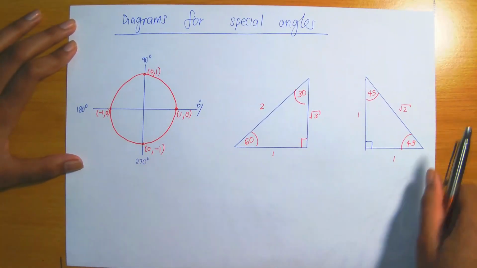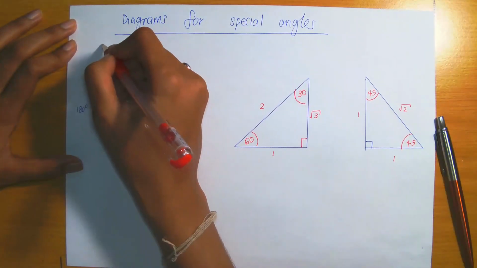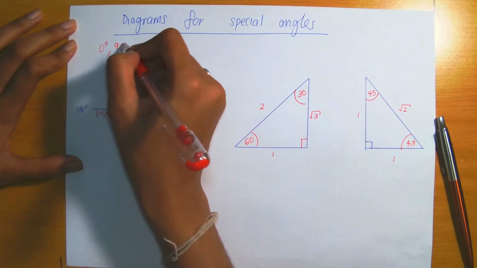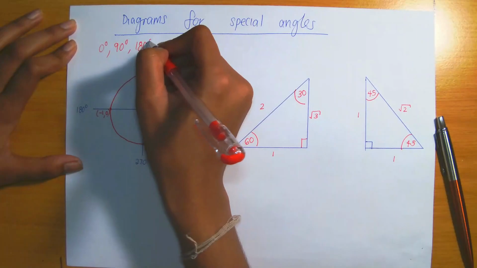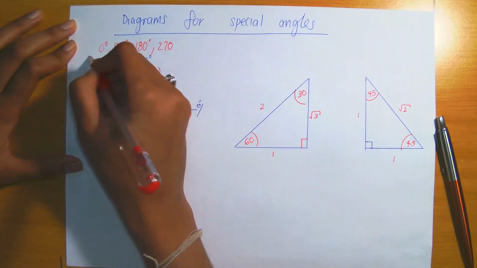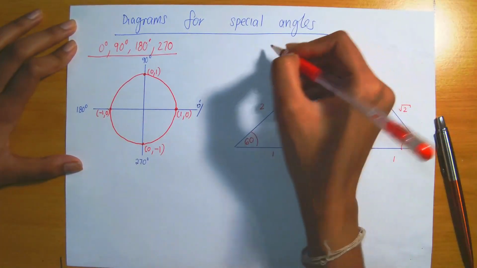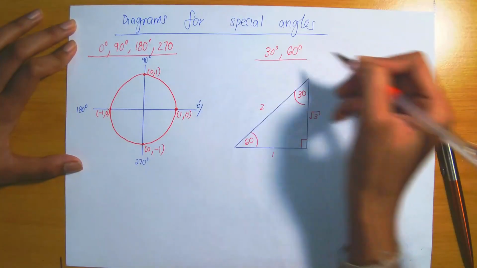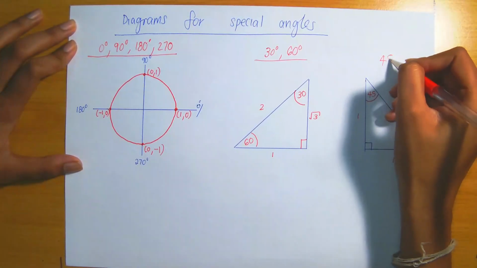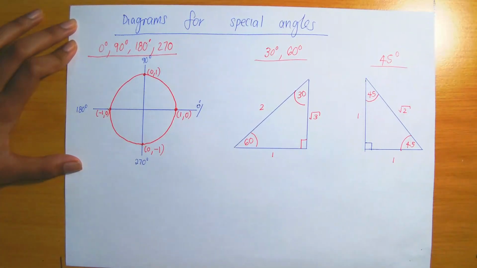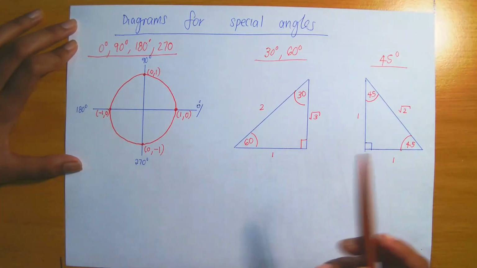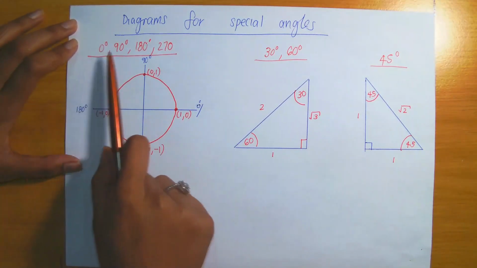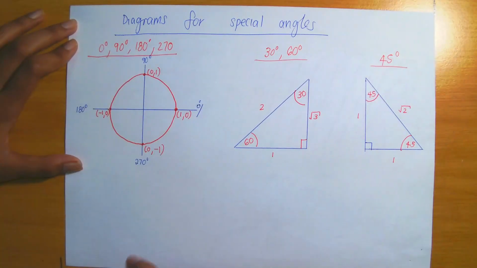The first one, remember, was used for the angles 0, 90, 180 and 270. The second diagram was used for the angles 30 and 60, and the last one was used for 45 degrees. It's important that you memorize these diagrams and know how to interpret them, because from these diagrams you could determine any trig ratio for any of these angles.